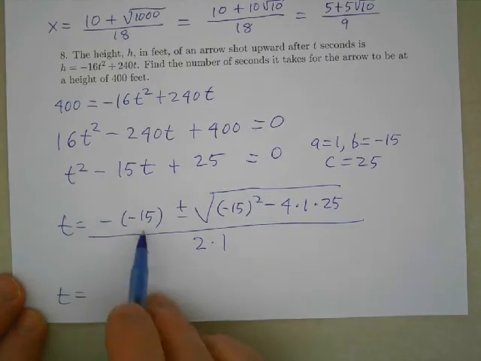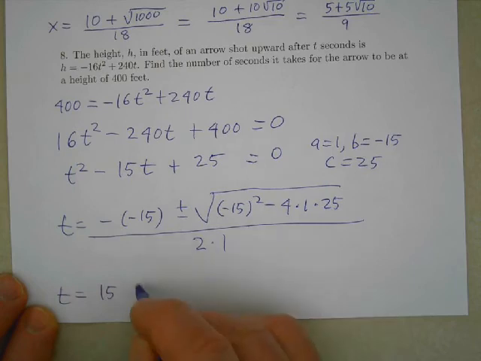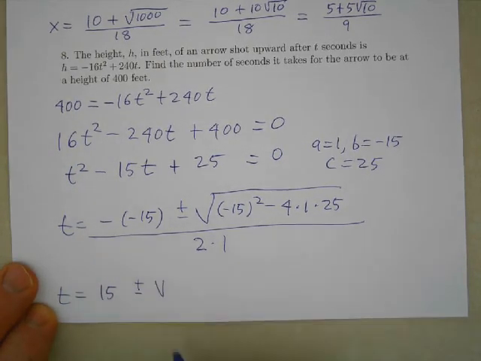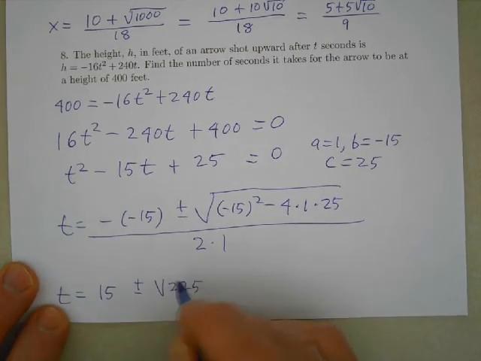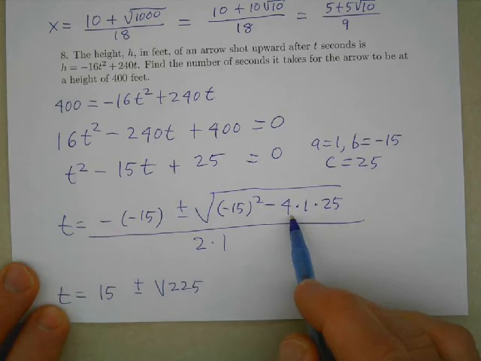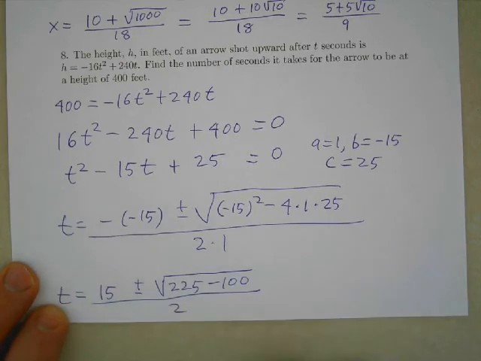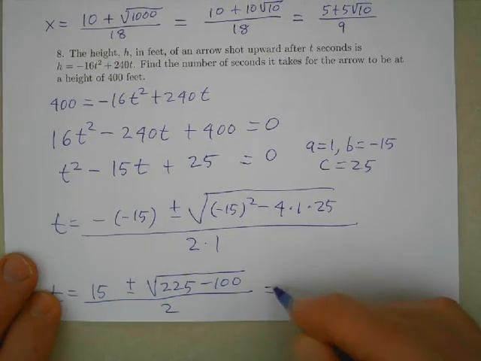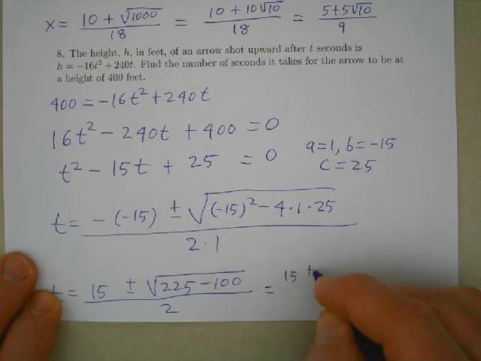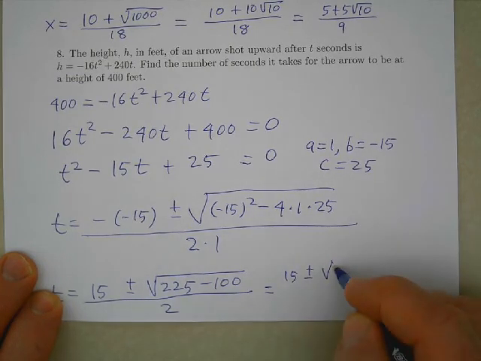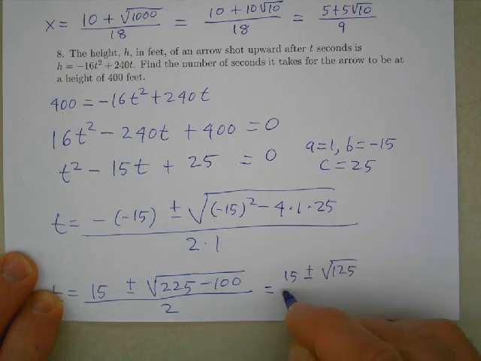The negative of negative 15 is 15, plus and minus the square root of negative 15 squared is 225, and minus 4 times 1 times 25 is minus 100. This is all divided by 2. And we'll simplify a little bit more. 15 plus and minus the square root of 125, all divided by 2.